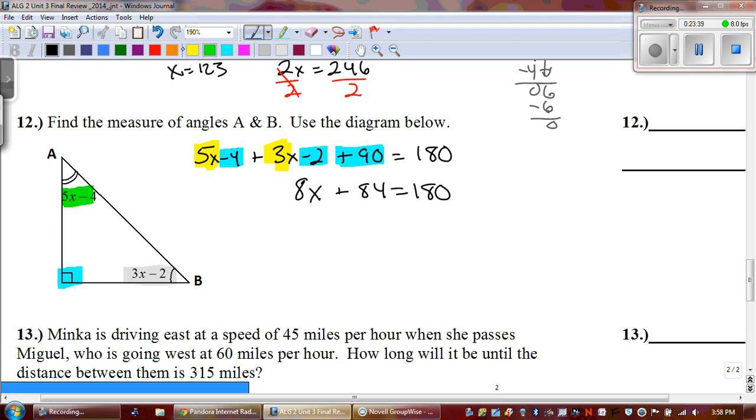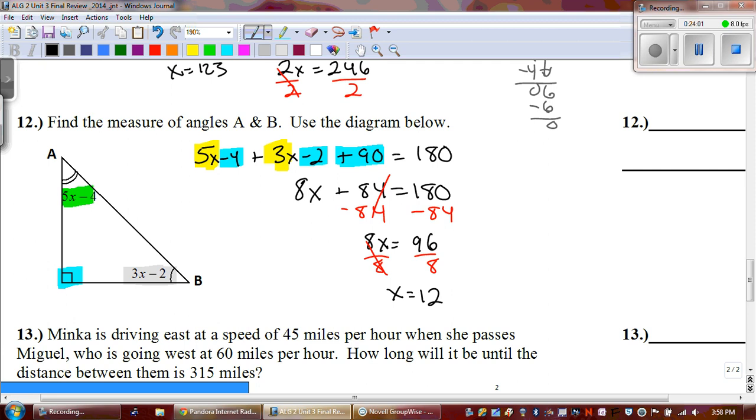Don't freak out, guys, because you're dealing with somewhat big numbers. It is not that scary. When you subtract, you should get 96. And to get the x by itself, you divide, and this is on your multiplication chart, guys. You should get x equals 12.